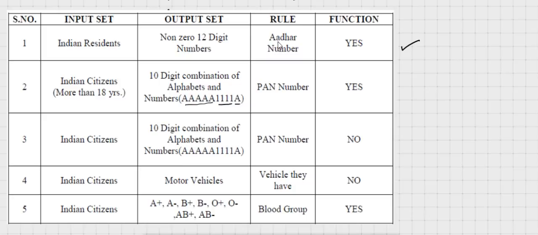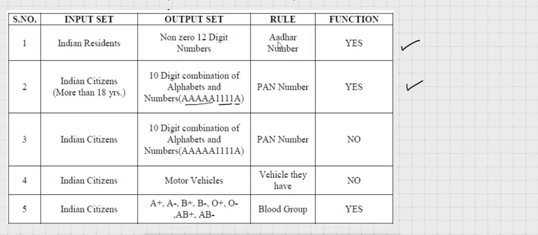This is a 10-digit combination of alphabets and numbers. I am defining the rule as the PAN number. As per the rule, every citizen more than 18 years must have a PAN number. Again it satisfies both the conditions, because one may not have two PAN numbers, and all the citizens more than 18 years should have a PAN number.